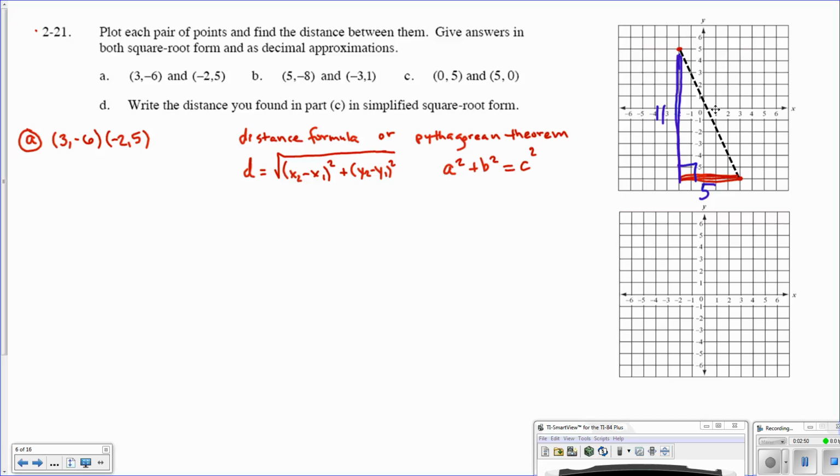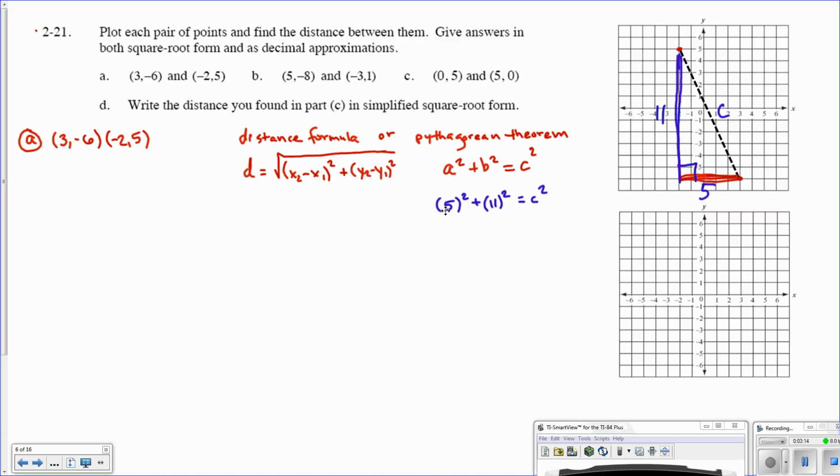So if we're trying to figure out the hypotenuse here, we could say that's going to be side C. I almost wrote squared there, but that is not squared. So if I want to use Pythagorean theorem here, I'm going to say 5 squared plus 11 squared should equal c squared.